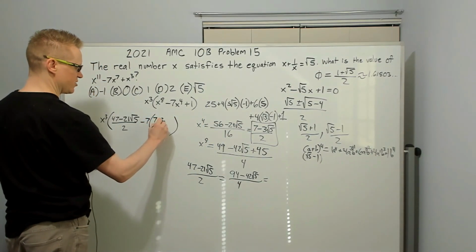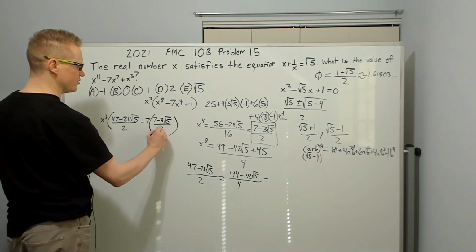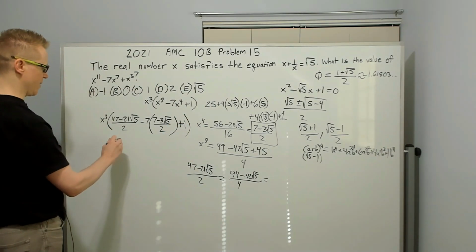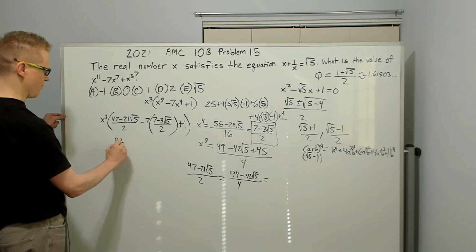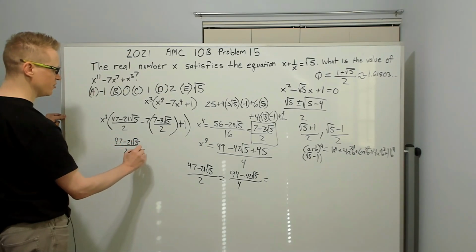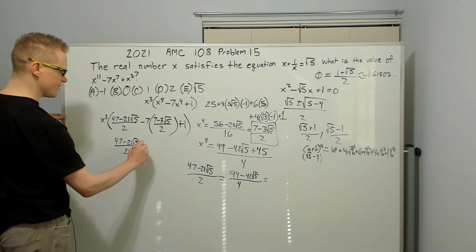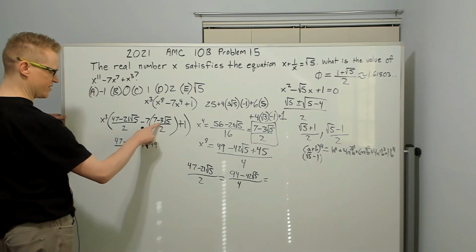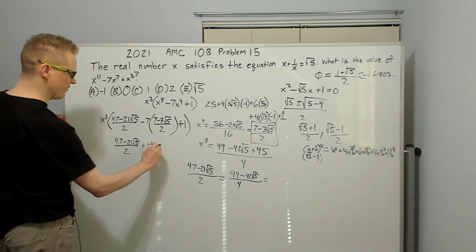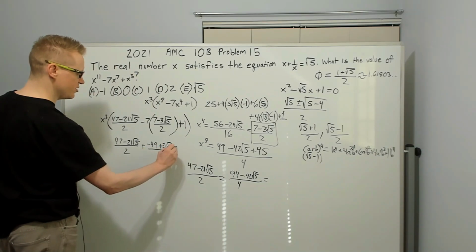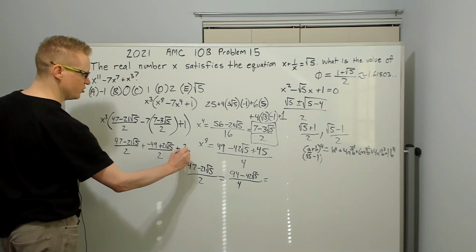7 minus 3 root 5 over 2, and then we're going to have plus 1. Okay, let's clean up. We've got 47 minus 21 root 5 over 2, and then it's going to be minus or plus negative 49. Negative 7 times negative 3 root 5 is plus 21 root 5 over 2, and then plus 2 over 2.